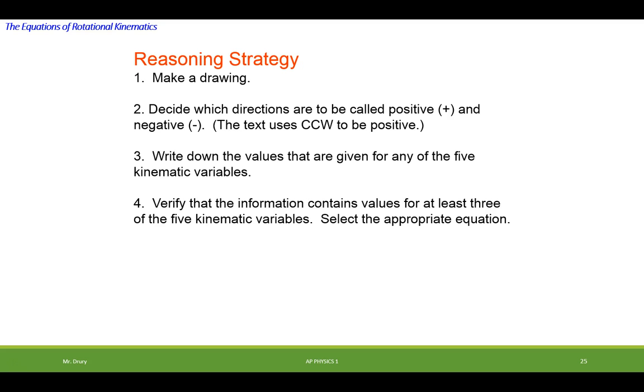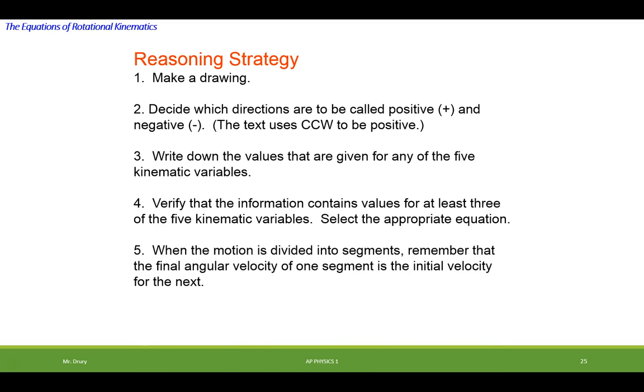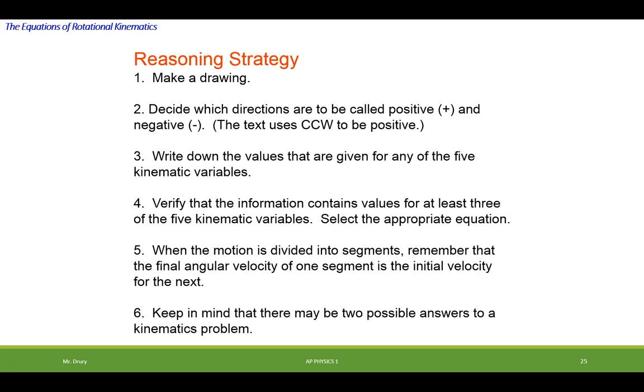You're going to select the appropriate equation to solve for the unknown. And remember that the final of one part of the problem could be the initial of the next. And sometimes there could possibly be 2 answers to kinematic problems, if you're solving for squares and stuff like that.